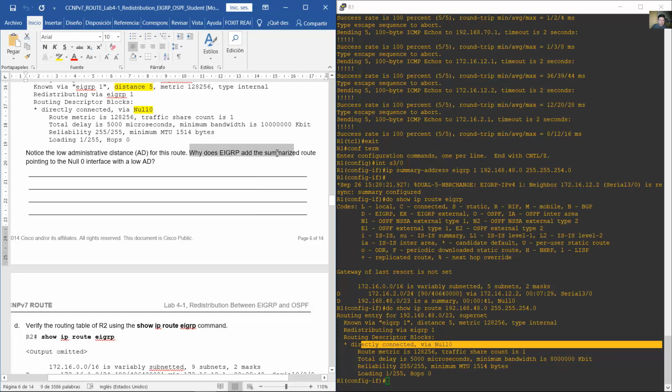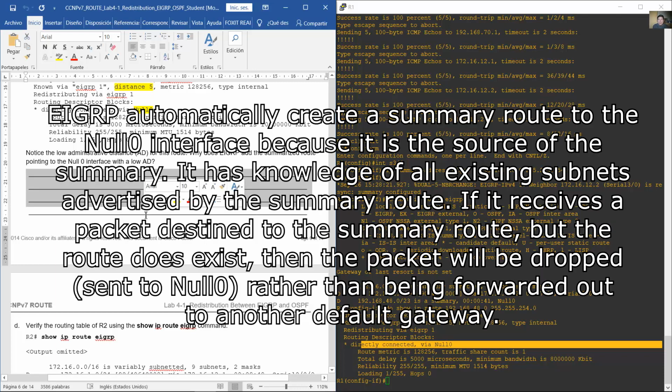Why does EIGRP put the summarized route pointing to the Null0 interface with a low administrative distance? EIGRP automatically creates a summary route to the Null0 interface because it is the source of the summary. It has knowledge of all existing subnets advertised by the summary route.